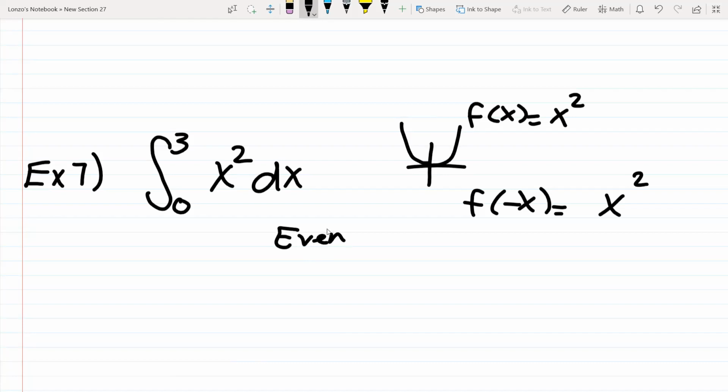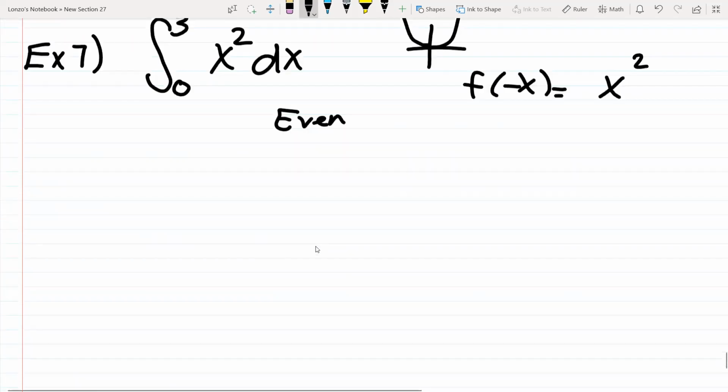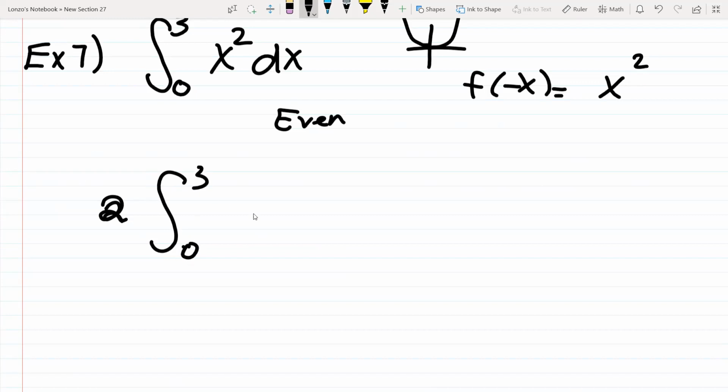So the rule states that for integrals of even functions, you're going to put a 2 here. I don't know why, but that's what they say. And then I think the boundary stays the same, so 0 to 3, and then x squared dx.